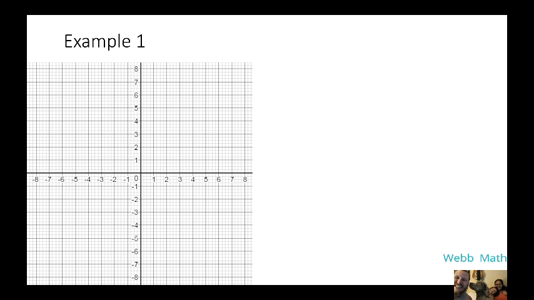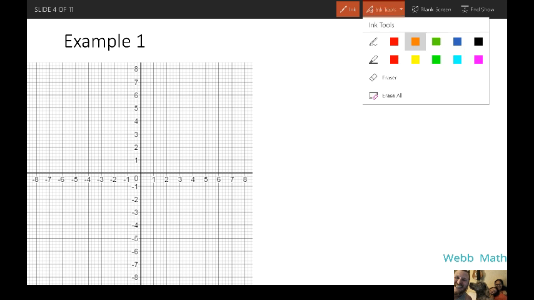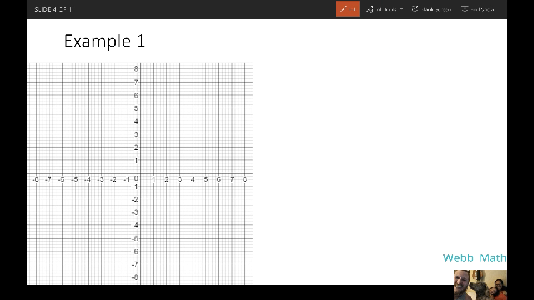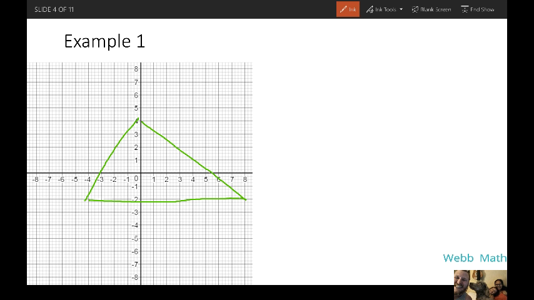In example 1, we'll have a triangle like this. Now, they're going to give you another triangle, except this time slightly smaller.